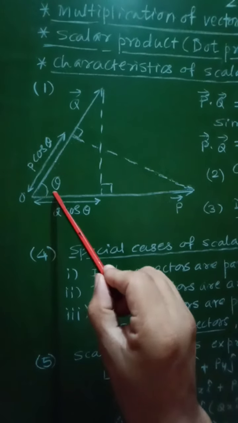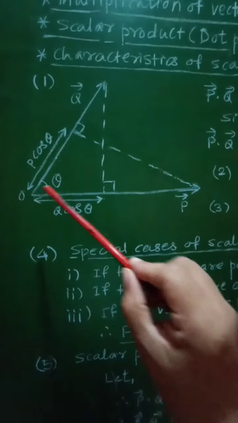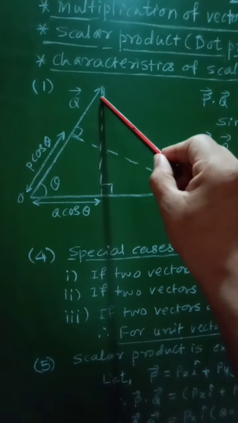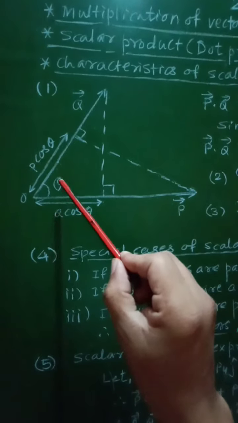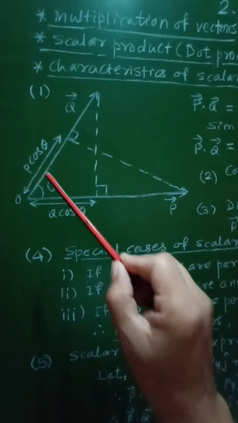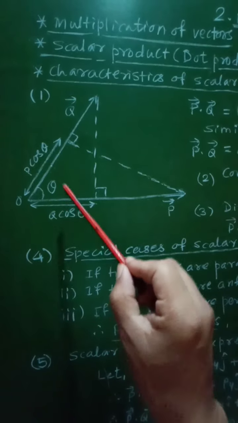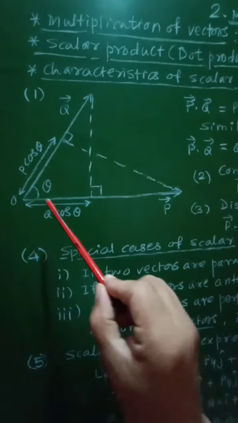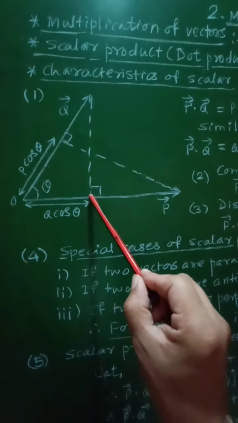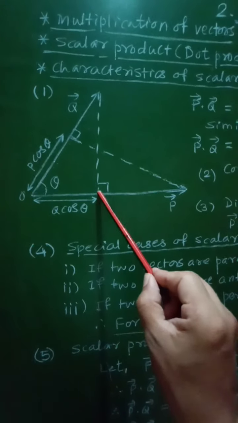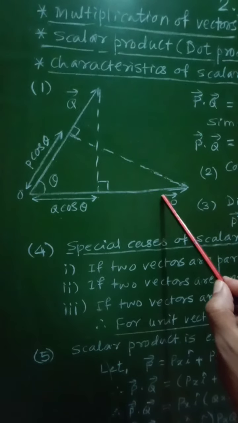From this, angle is theta. Cos of this angle will be equal to adjacent side upon hypotenuse, and therefore adjacent side will be equal to hypotenuse into cos theta, that is q cos theta. Therefore this segment will represent q cos theta, that is the component of vector q along vector p.